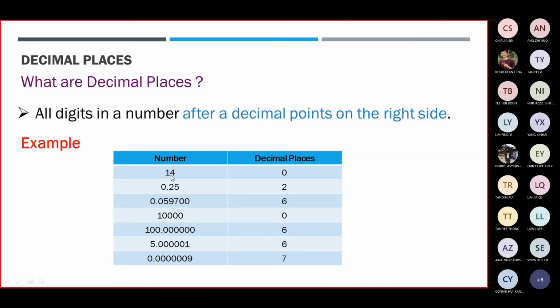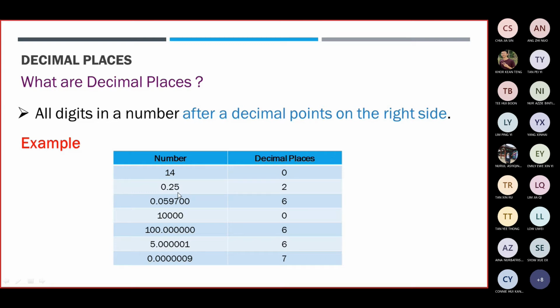Since there is no decimal point, we can say there are no decimal places, or simply 0 decimal places. For 0.25, there are obviously 2 digits after the dot, so the number has 2 decimal places.